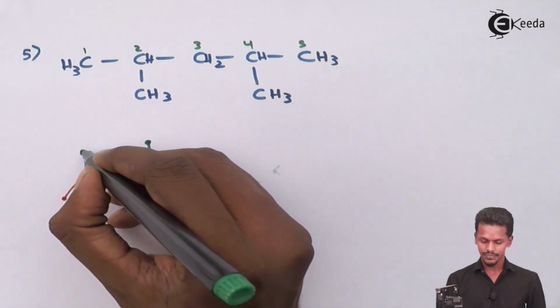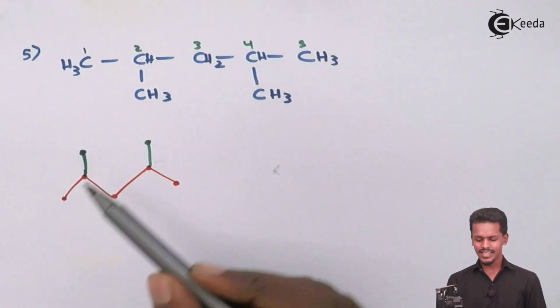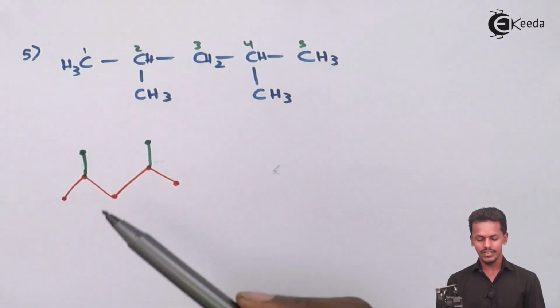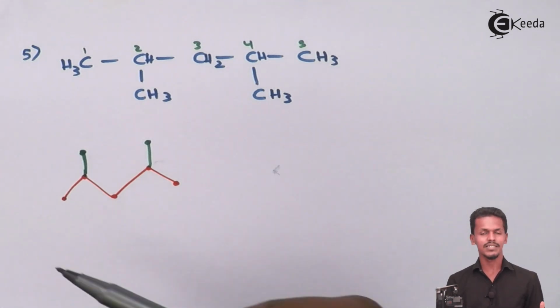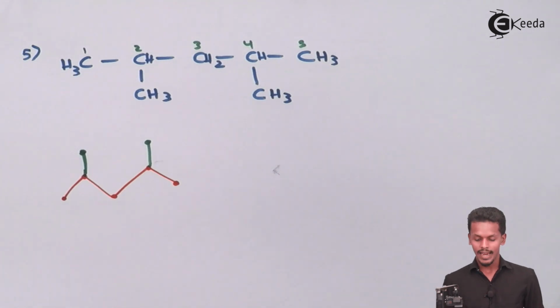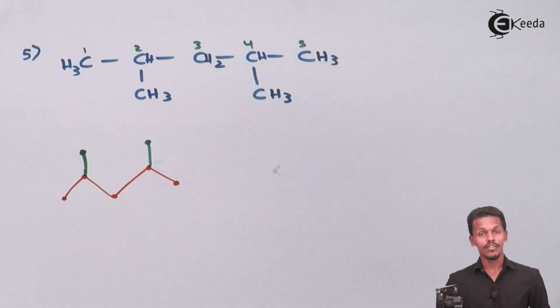I could name it again, but since it is just the representation of the structure given above, it is not necessary to number the carbon atoms. And now we could give the name of the isomer.